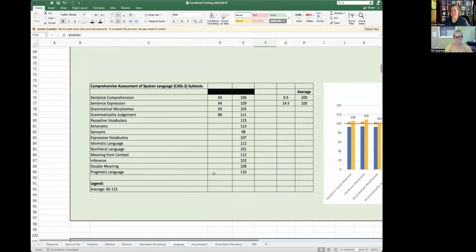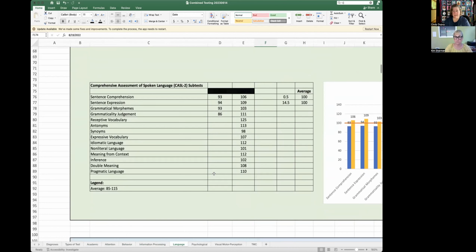You've seen a lot of diagnostic reports relative to other parents who get a school evaluation, and a private evaluation, and they get two reports and wonder, what does this mean?